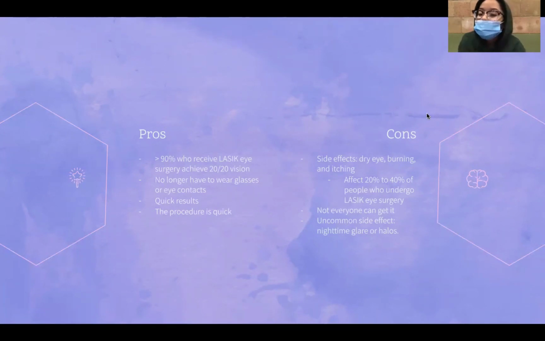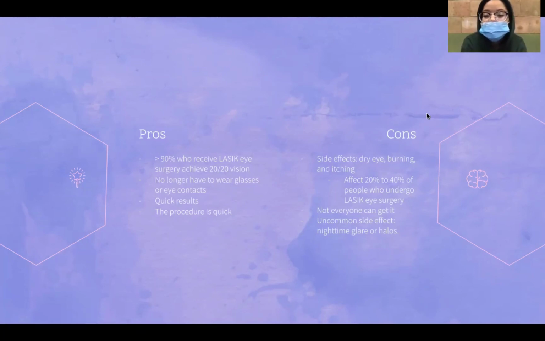The chances are low, but the side effects still may possibly be there. For the pros, you no longer have to wear glasses or contacts. I know that I'm looking forward to getting LASIK eye surgery because I do not want to wear eyeglasses anymore. It's a nuisance, and being able to see 20/20 is definitely an advantage that a lot of people should have.